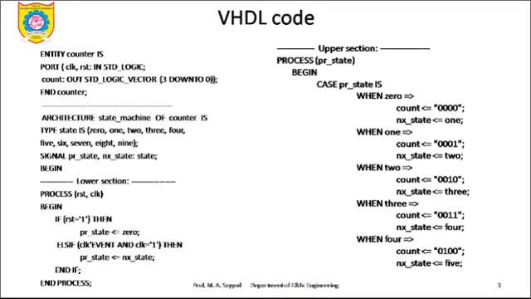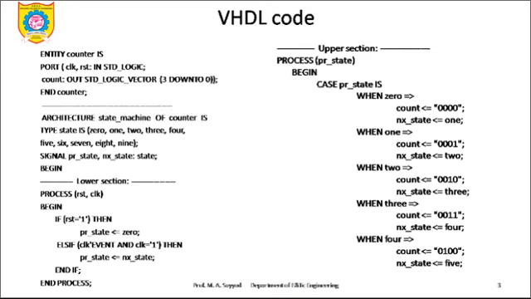Let us start writing the VHDL code for the BCD counter. Entity counter is port, clock, reset. There are two inputs, clock and reset. I told you that for every rising edge of clock you are counting, means for every rising edge your state machine will go from one state to another state.